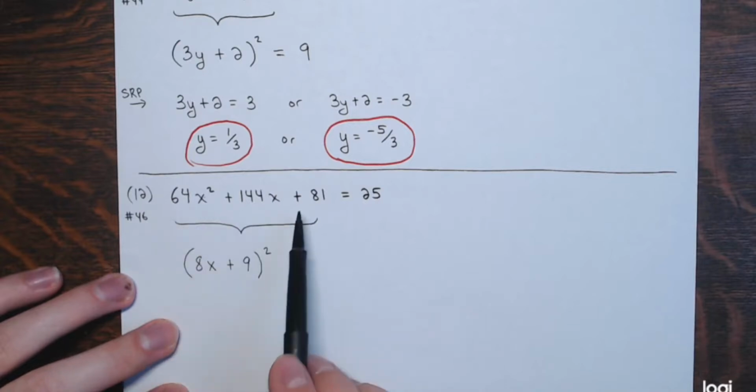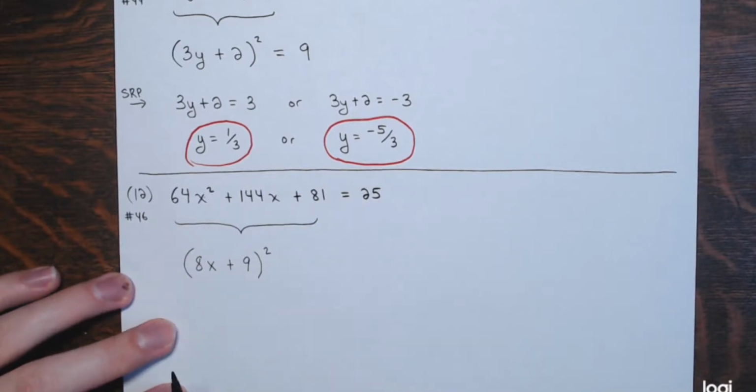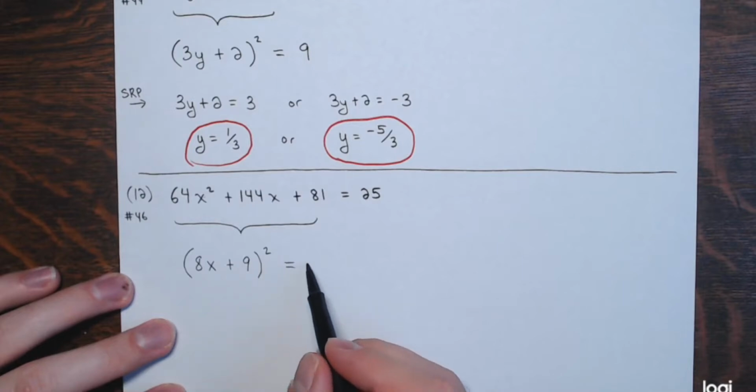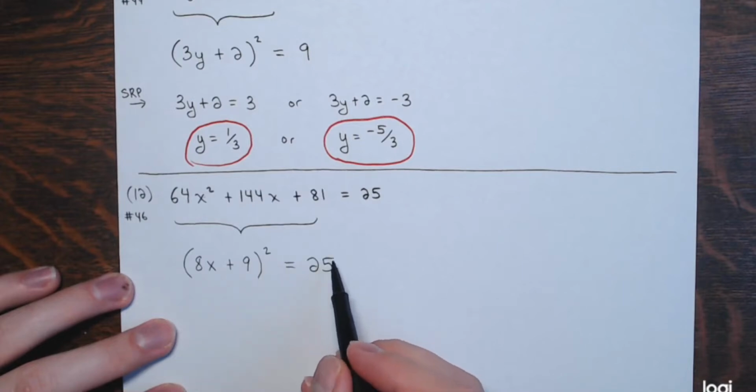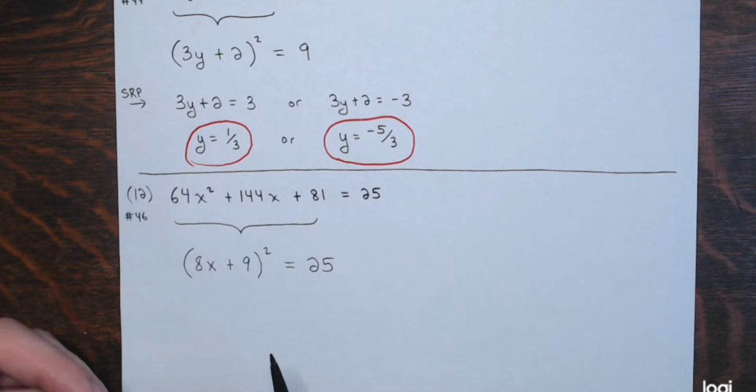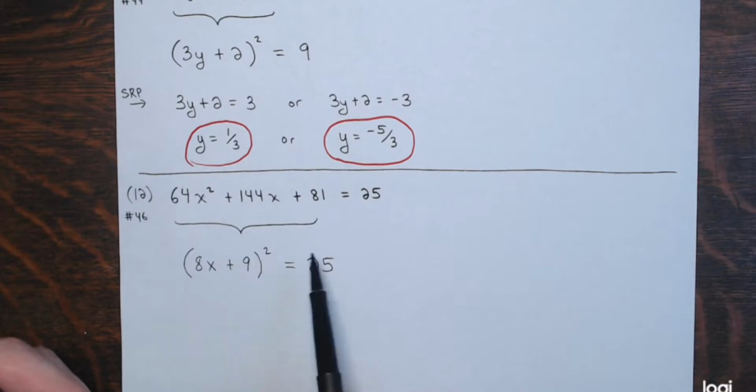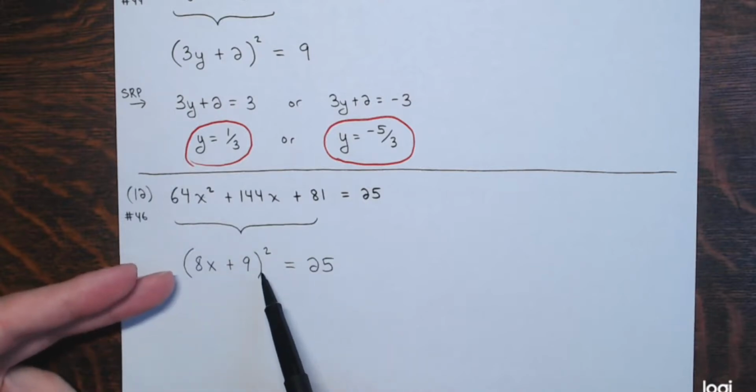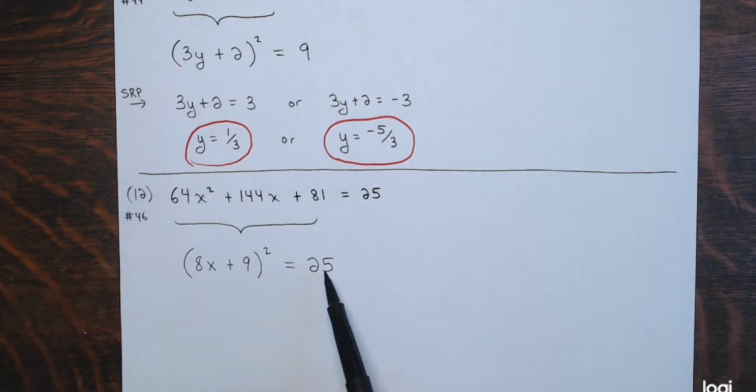You'll get 64x squared plus 144x plus 81. And now I have the form that I want in order to use the square root property: variable in a square, no variable outside that square, and the square is all by itself, square on one side, number on the other.